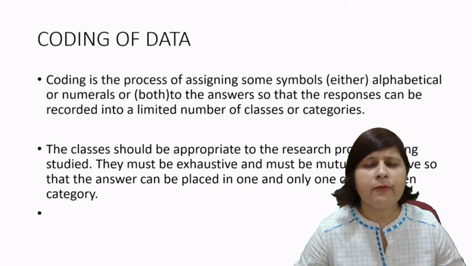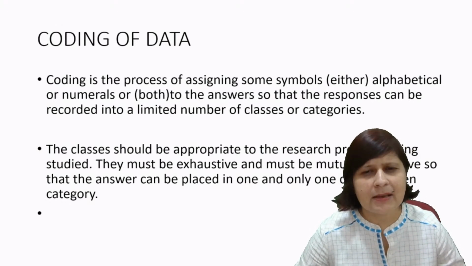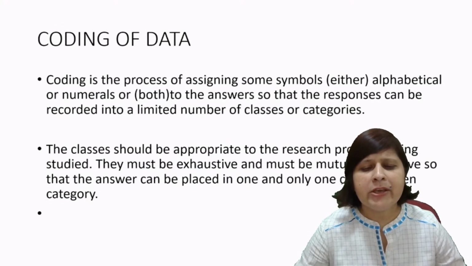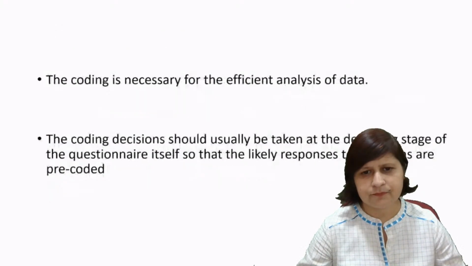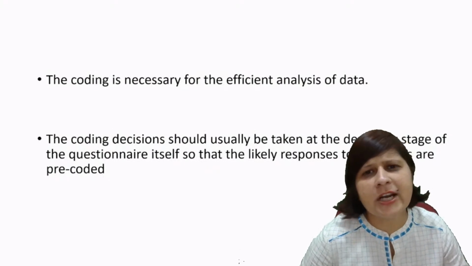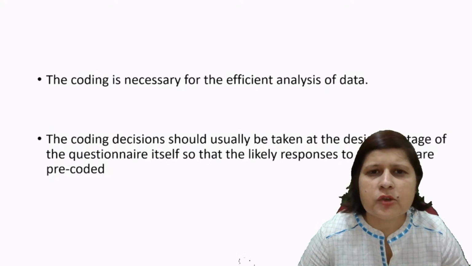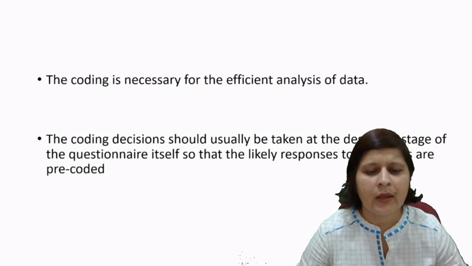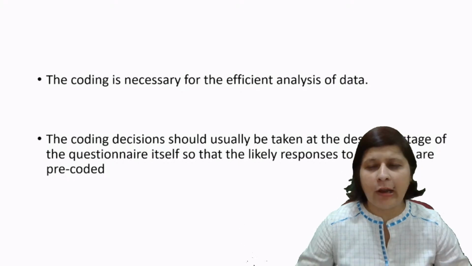So while you are coding your data, assign signs and symbols in a way that makes your data mutually exclusive and exhaustive. The coding is necessary for efficient analysis of data. Coding decisions should usually be taken at the designing stage of the questionnaire, so that the likely responses to questions are pre-coded.